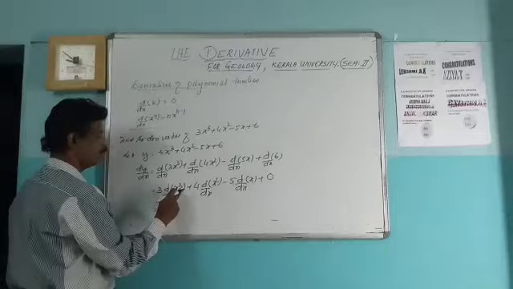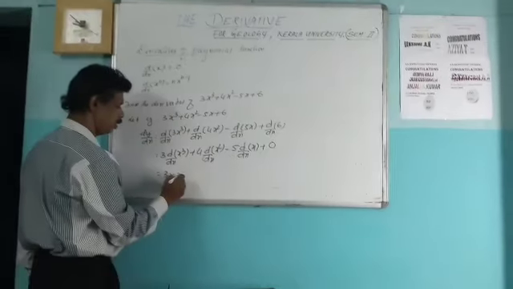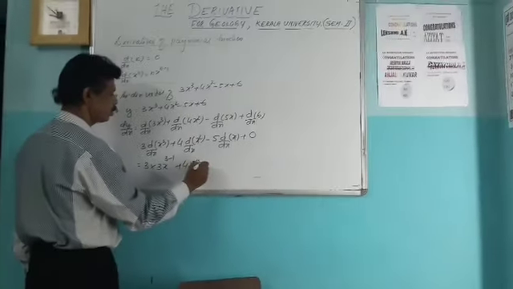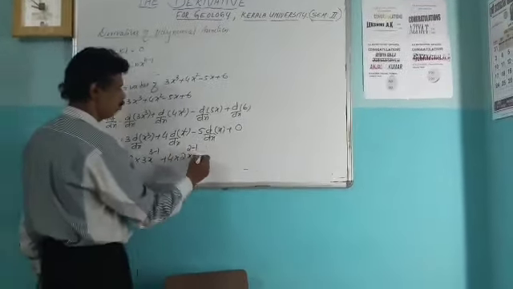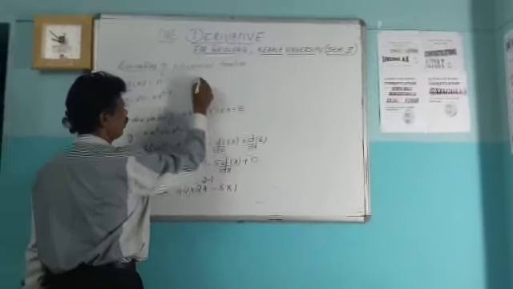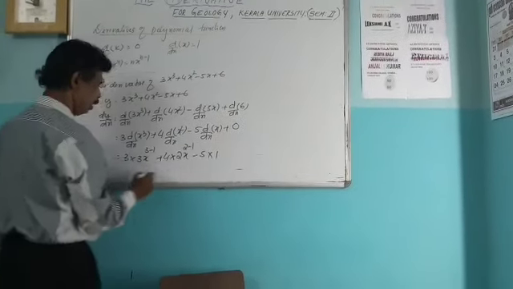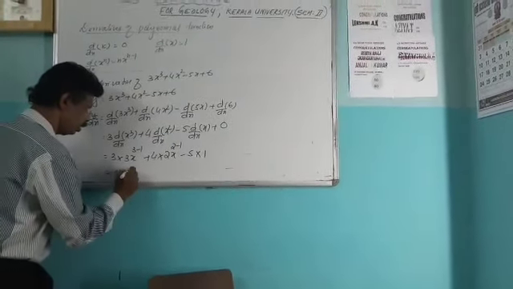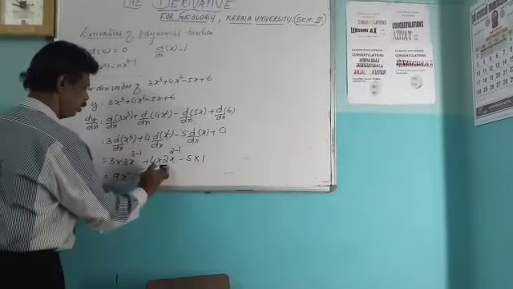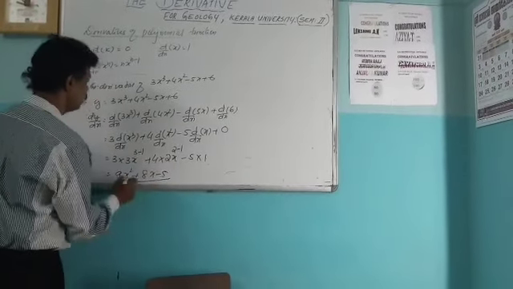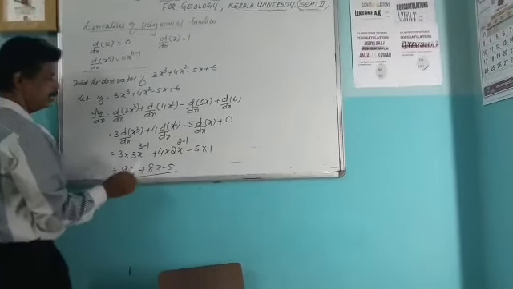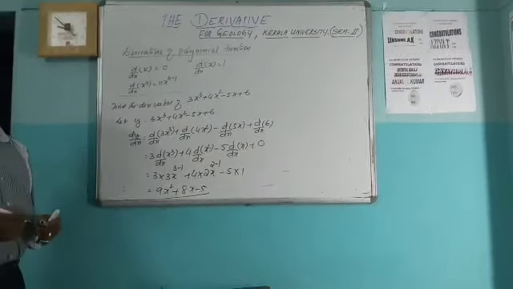That is 3 into 3x^(3−1), 4 into 2x^(2−1), 5 into derivative of x, which is 1. Remember, d by dx of x is equal to 1. That is 9x² + 8x − 5. So the derivative of 3x³ + 4x² − 5x + 6 is 9x² + 8x − 5.